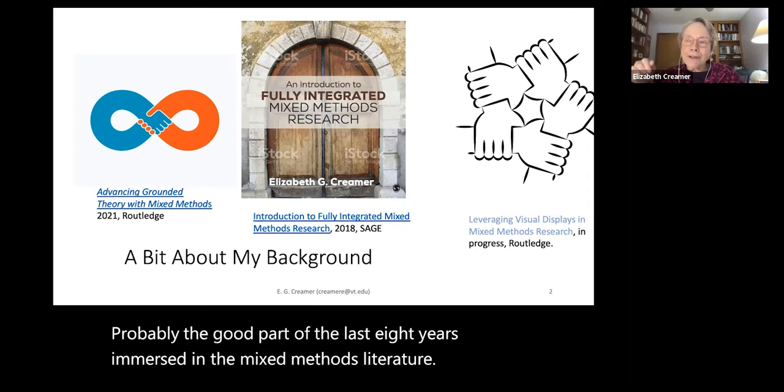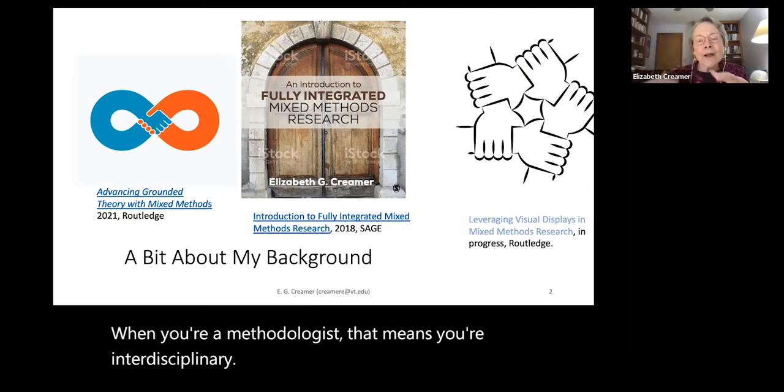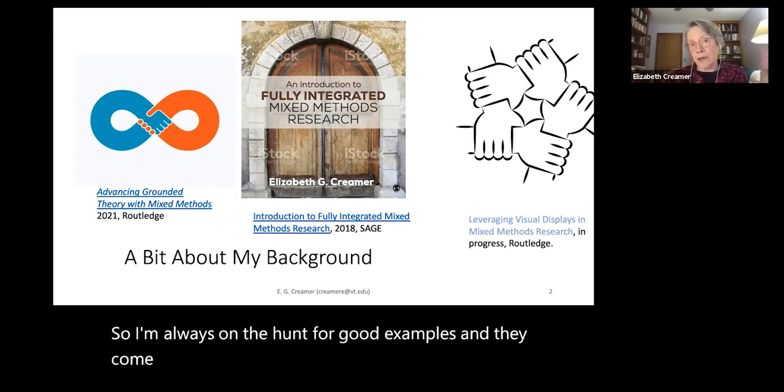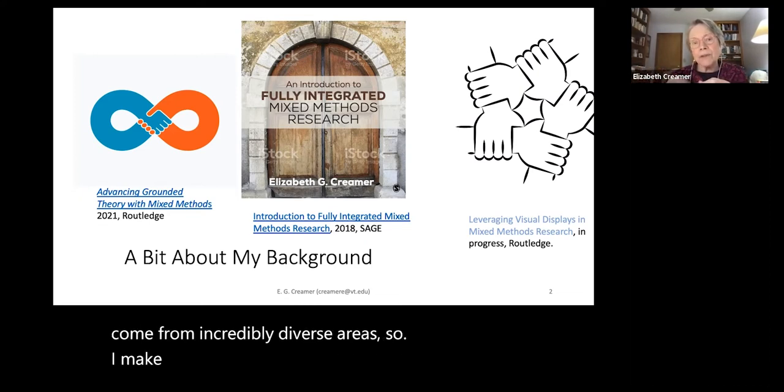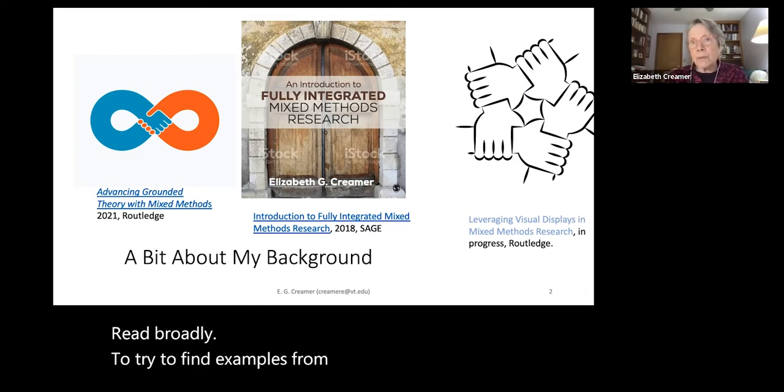When you're a methodologist, that means you're interdisciplinary. So I'm always on the hunt for good examples, and they come from incredibly diverse areas. So I make it my purpose to read broadly, to try to find examples from very diverse disciplines rather than concentrating on a few.